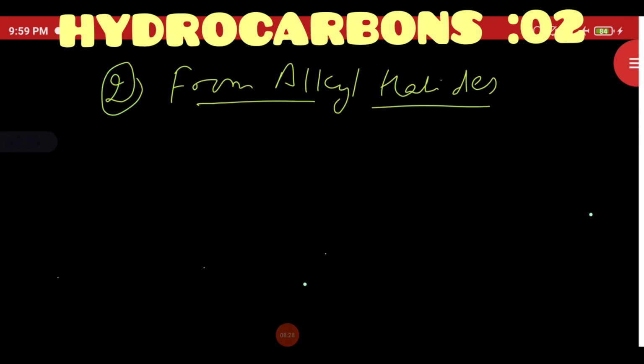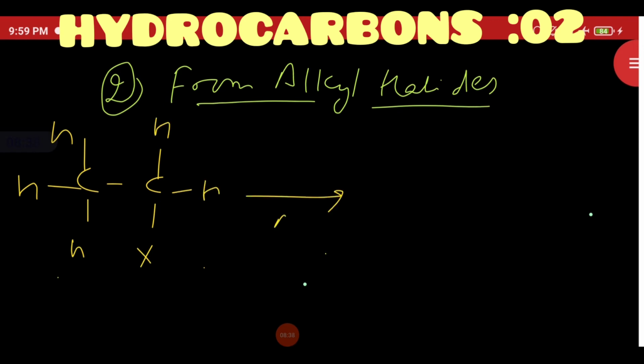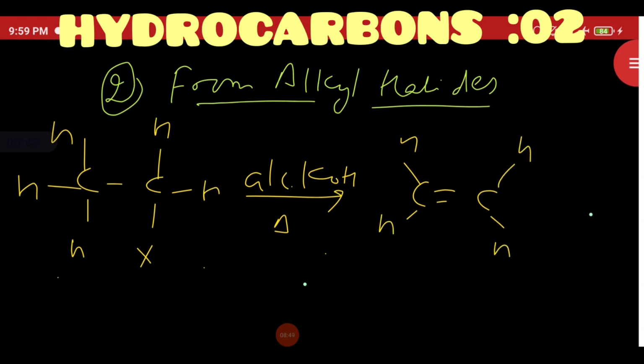Next is from alkyl halides. When alkyl halides are heated in the presence of alcoholic KOH, then alkenes are formed. In this process, halogen acid is released, and this reaction is called dehydrohalogenation reaction, because removal of halogen as well as hydrogen is involved.